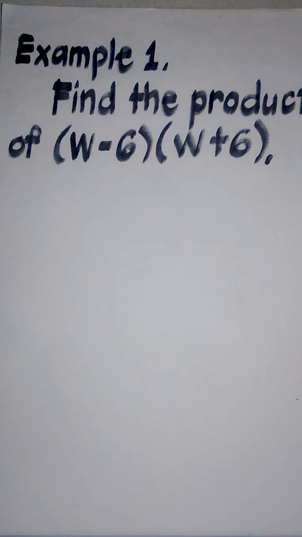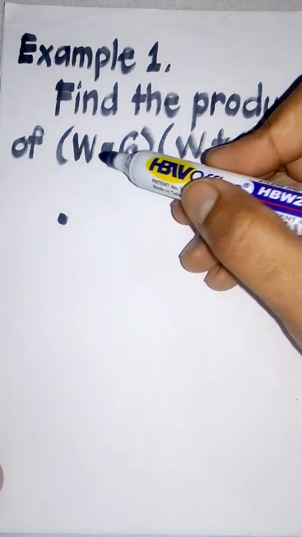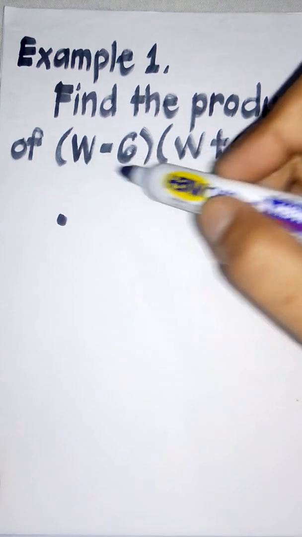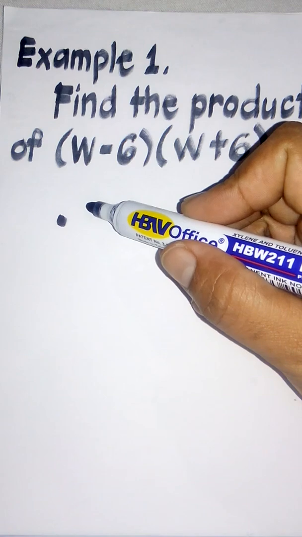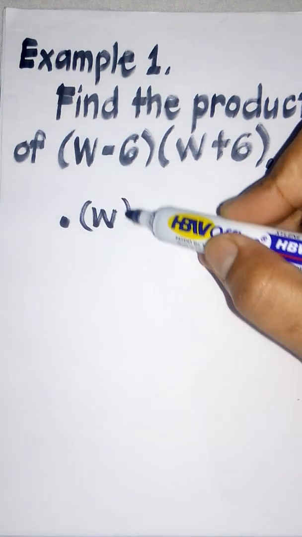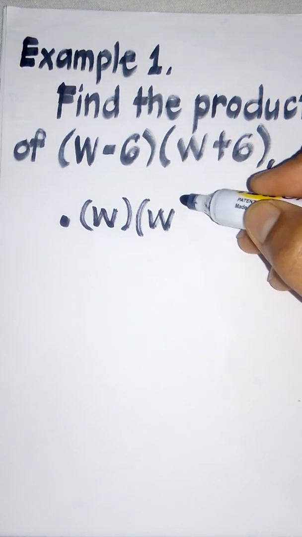This is how we get the product. First, you need to get the square of the first term. Here it's w, and on the other side is also w. So get the square. Remember, I told you last time that getting the square is just multiplying it by itself.